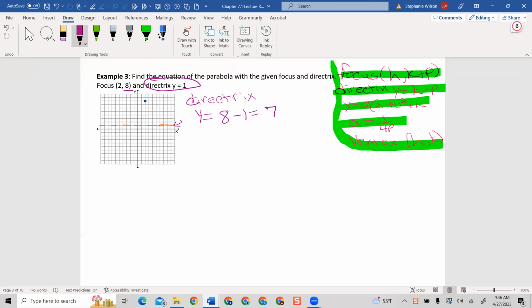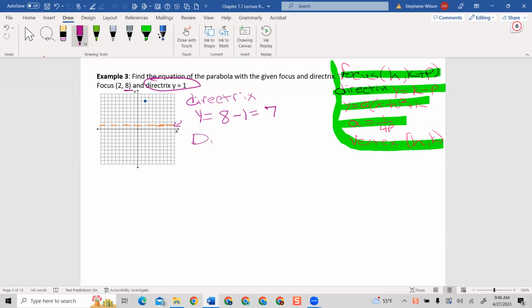I like to always go to the vertex first because usually it's really obvious, but that's why I started with that one, but it's not there. Okay, so the distance between the focus and the directrix is 2p. Sorry.